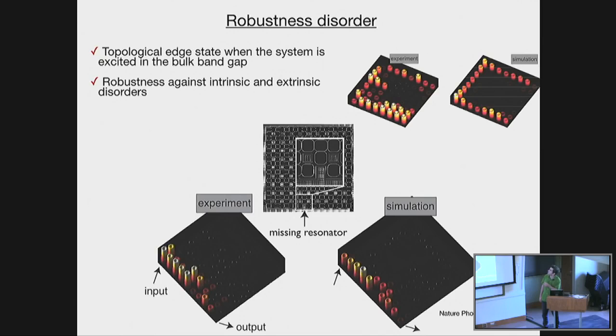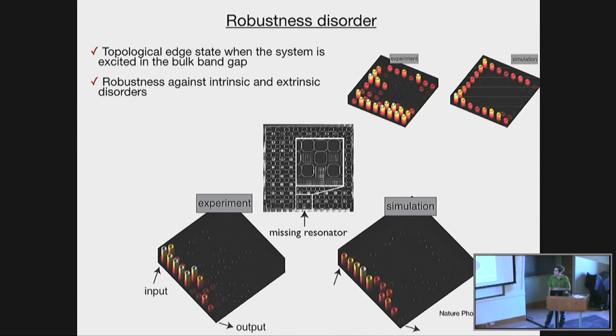So this is the simulation. This is the experiment. In the simulation, I expect that it would be smooth. But since it's a finite system, the edge state is not uniform. It has some mode, basically. In the experiment, it's similar as well. It's not uniform, but it propagates only around the edge.